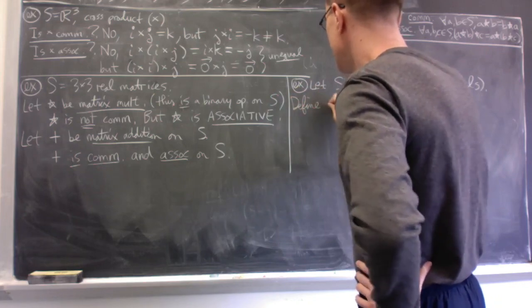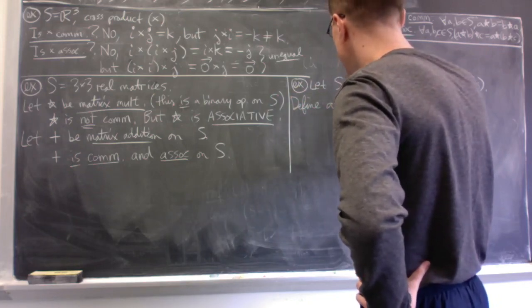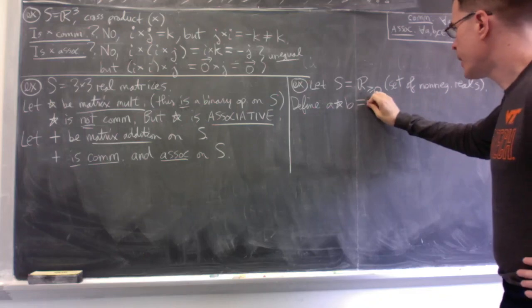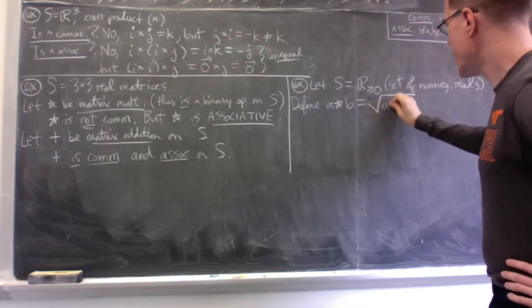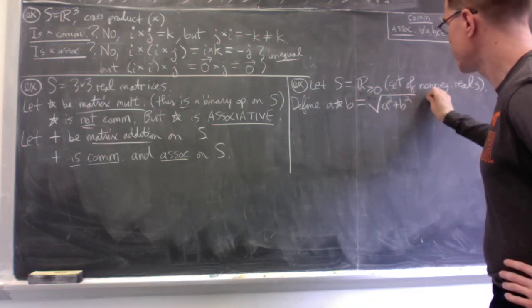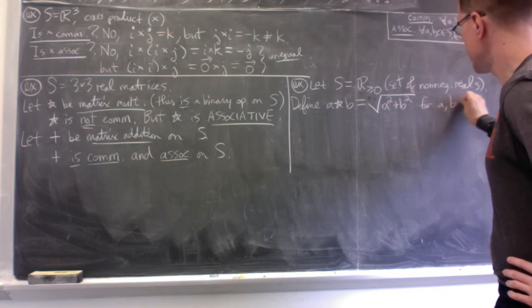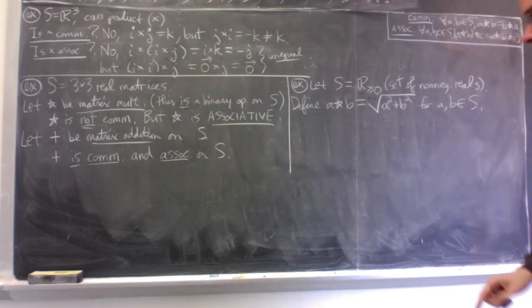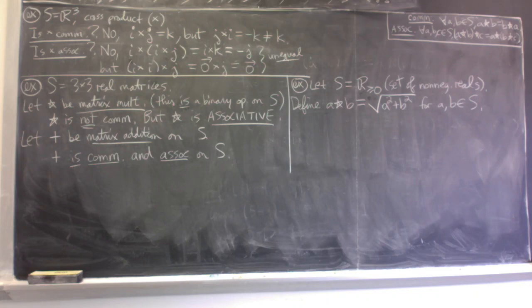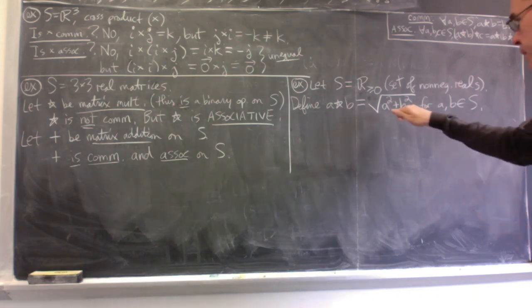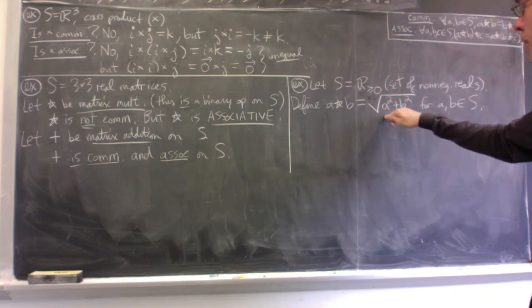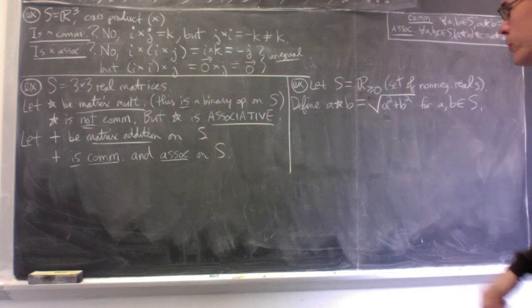Let's say that a star b is going to be the square root of a squared plus b squared, for any a, b in S. That's the operation I want to use. And square root, by the way, refers to the non-negative square root. It's not plus or minus. It's just the positive square root, or maybe 0 if you do 0 star 0.